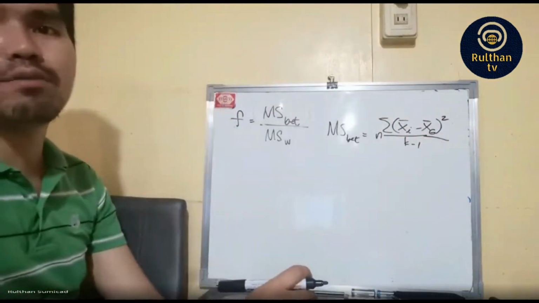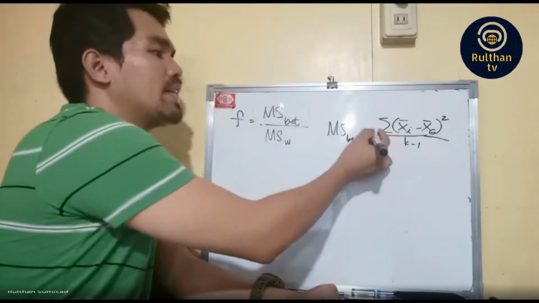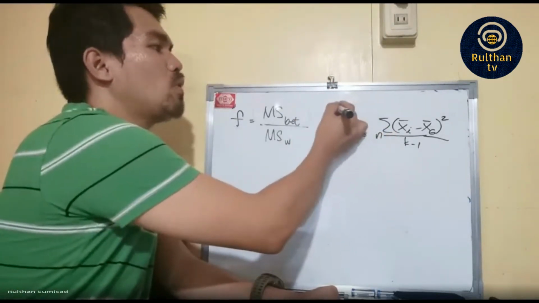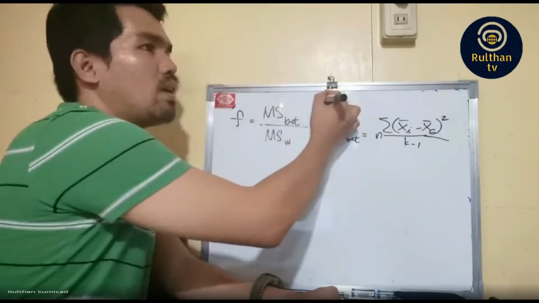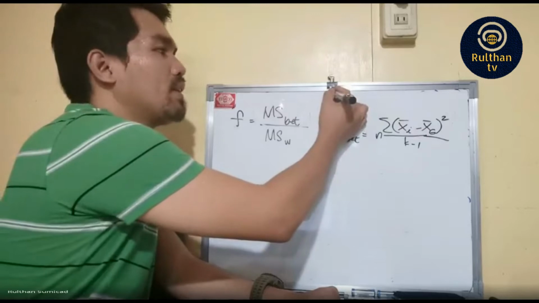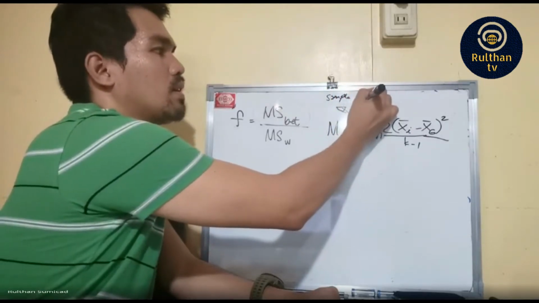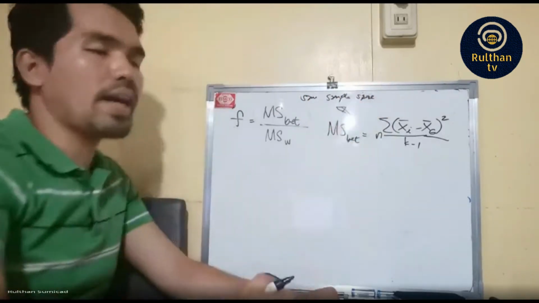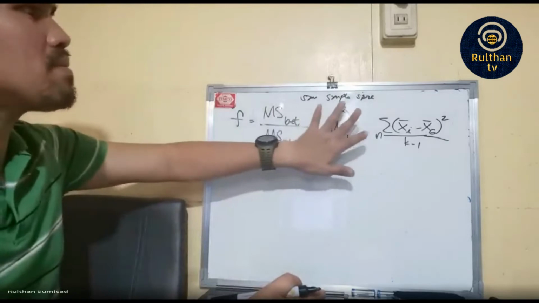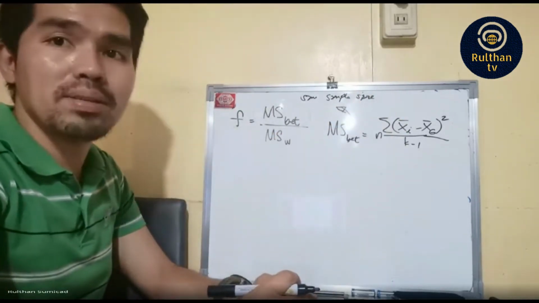We can modify the formula this way if all the groups are of the same sample size. Okay, in the event that we have the same sample size, then this is how we're going to solve for the MS between.